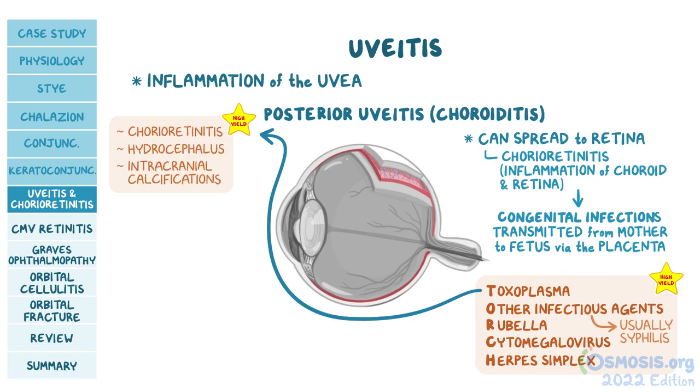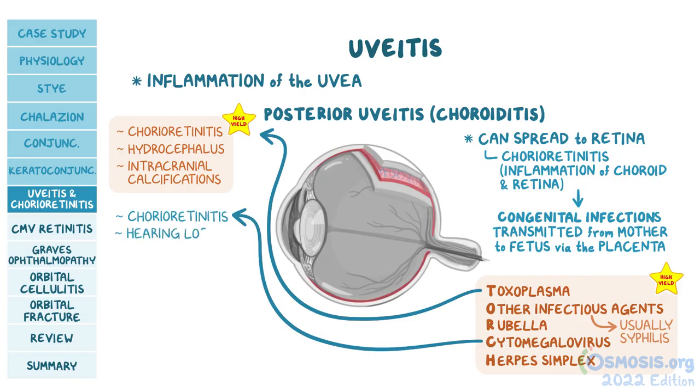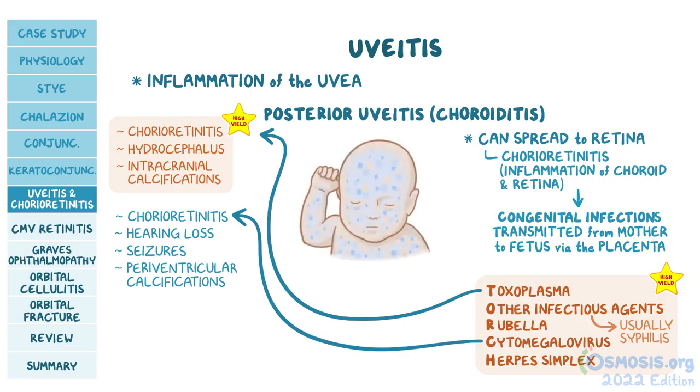In contrast, in congenital CMV infections, chorioretinitis will usually be accompanied by hearing loss, seizures, and periventricular calcifications. In both cases, the baby might also present with red or purple spots on the skin, typically known as blueberry muffin rash.